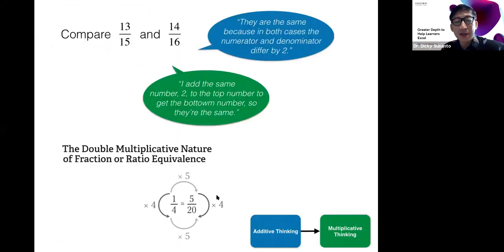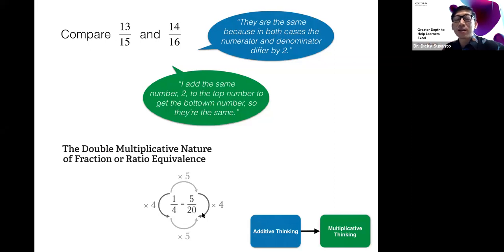But to show you the complexity here, it's not something that we can just teach them how to do the algorithm, and then they're done. That's why earlier, as I mentioned, do not teach them the algorithm right away.